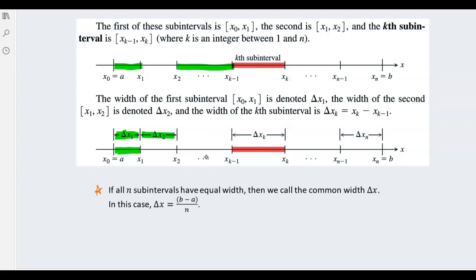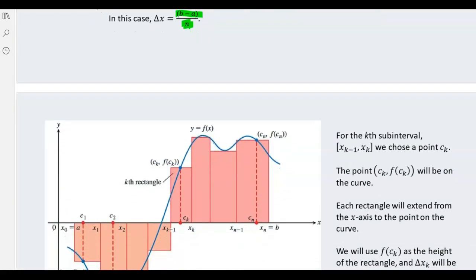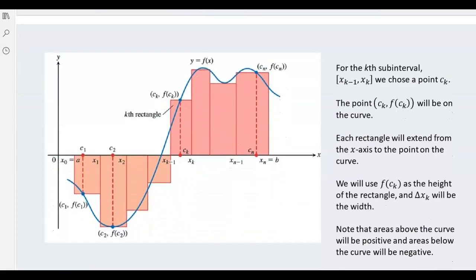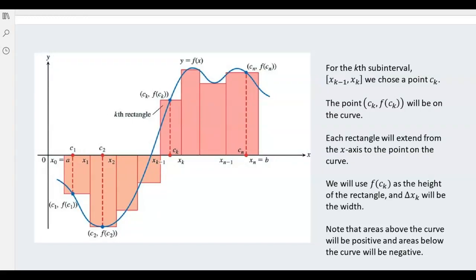And so in that case, we took the interval, which was b minus a, that would be the width of it, and we divided it into n equal subsections. Here's a picture of what this will look like. You can see that we've got a number of different rectangles drawn, and they all have different widths, trying to get the best estimate possible. We're using the midpoint process here, where we're picking a point in a particular interval.